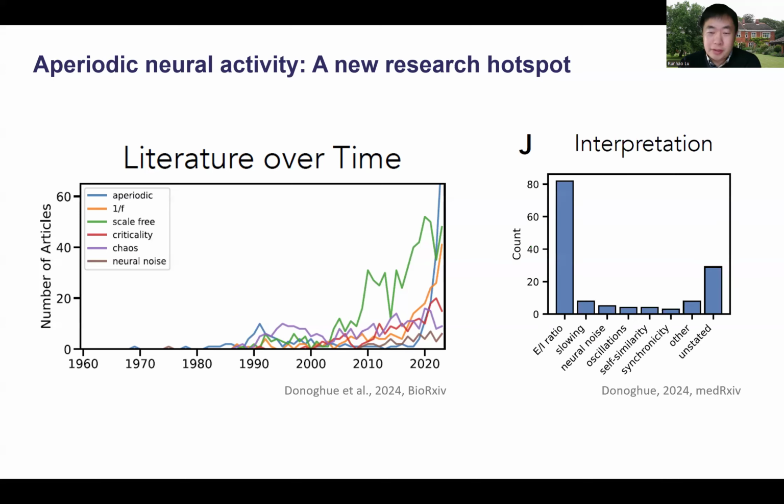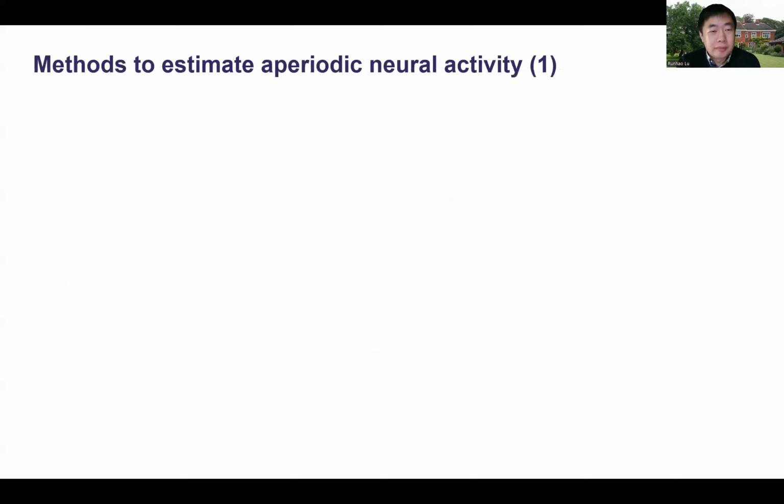We also have some new development of theories to interpret the mechanism underlying 1/f or aperiodic activity. The most influential one now is the EI ratio or EI balance hypothesis. But there are also other hypotheses, and some researchers think the EI balance one may be a little oversimplified. So it is still an area needing further development.